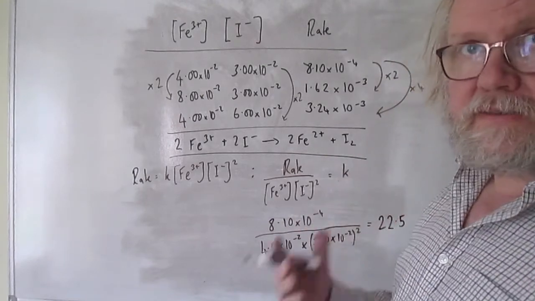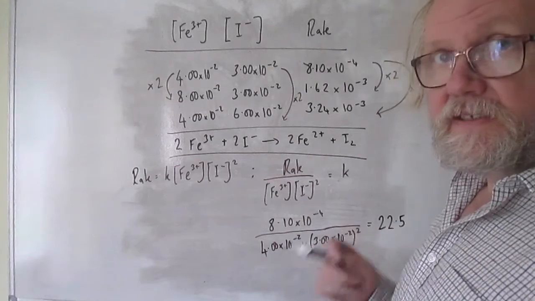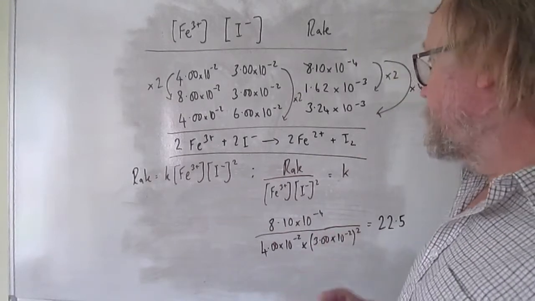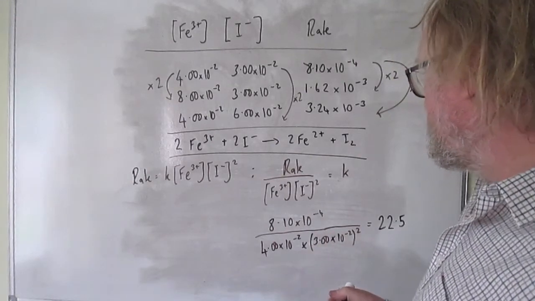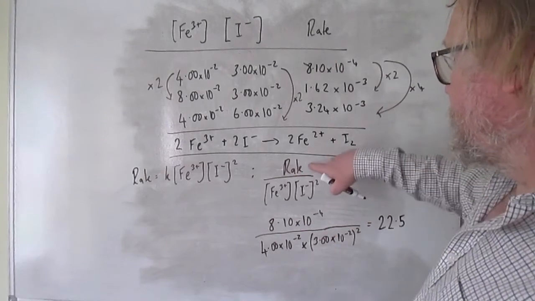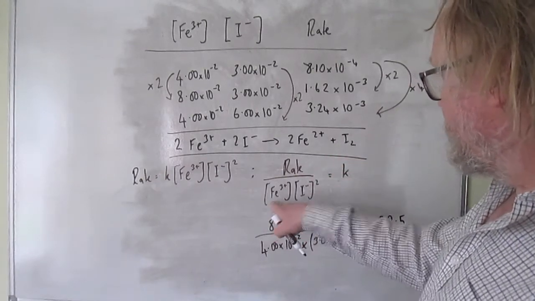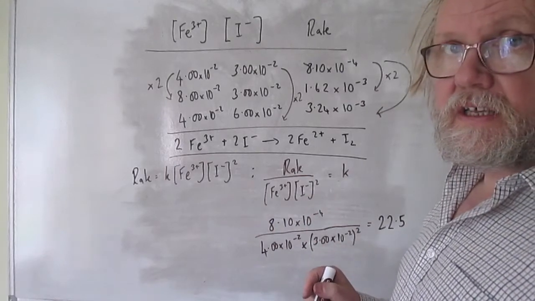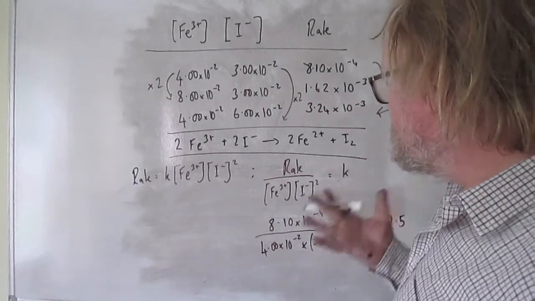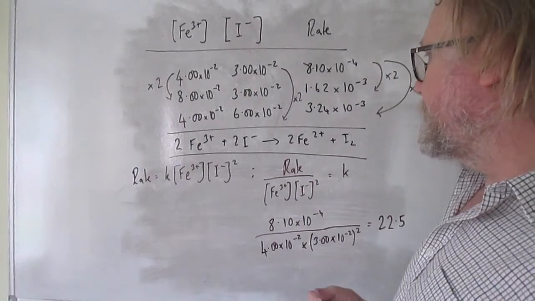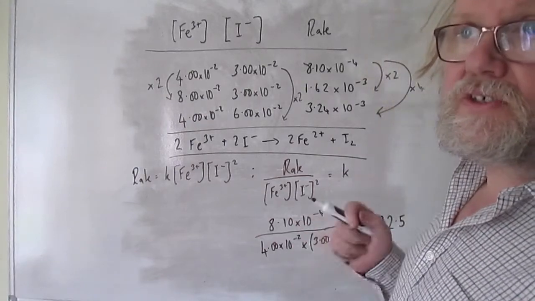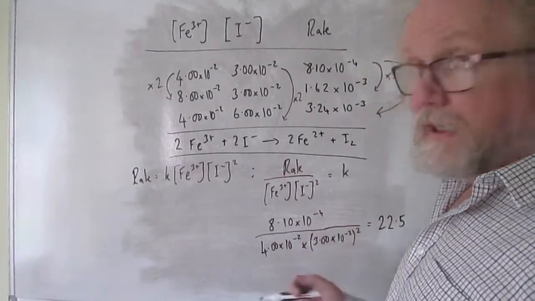By far the best way to get the units of the rate constant is to learn the little formula. You can work it out algebraically just by taking the units of the rate, which are moles per dm cubed per second, and dividing it by the concentration units. But to be honest, that's a little bit error prone unless your algebra is very reliable.